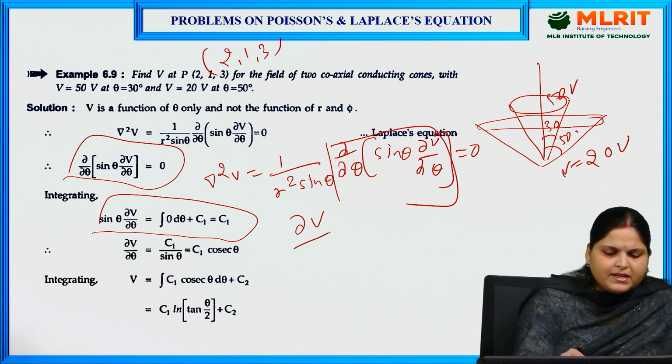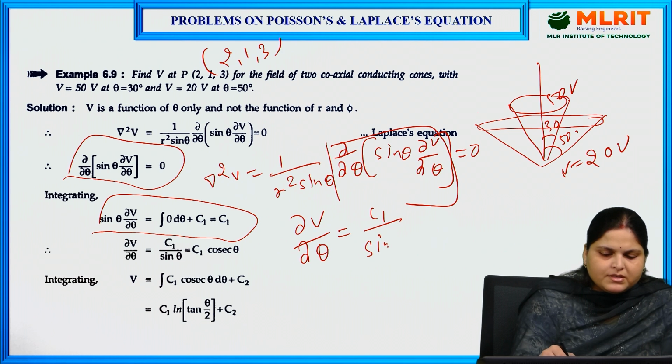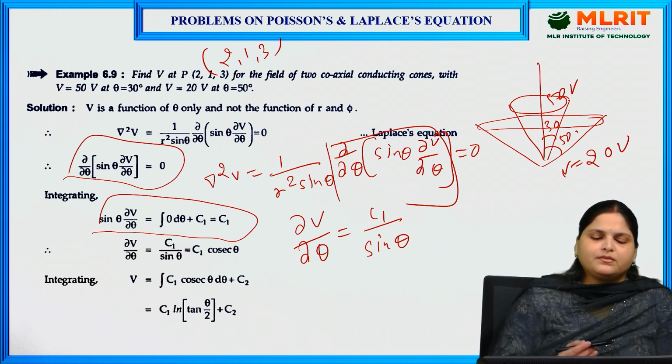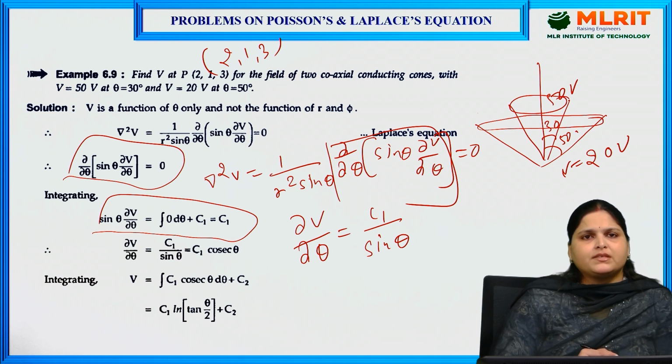We can write this as dou V by dou theta equals C1 upon sine theta, where C1 is the integration constant.